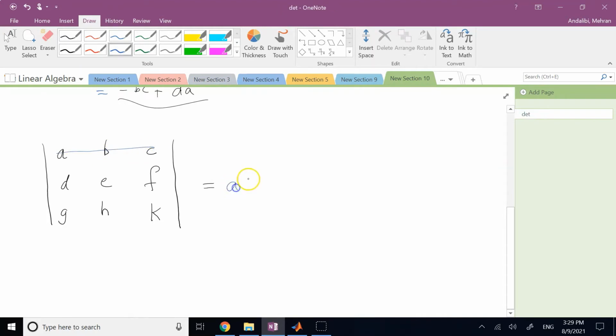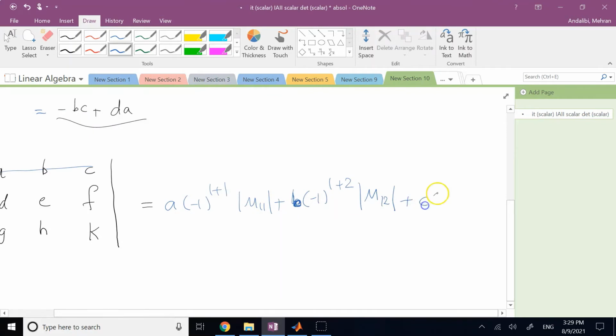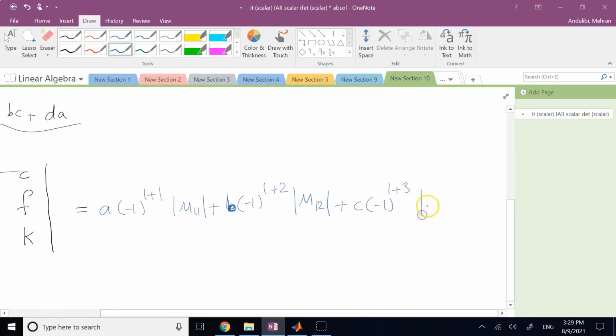So there's going to be A times -1 to the 1 plus 1, determinant of M11, plus B times -1 to the 1 plus 2, determinant of M12, and finally plus C times -1 to the 1 plus 3, determinant of M13.